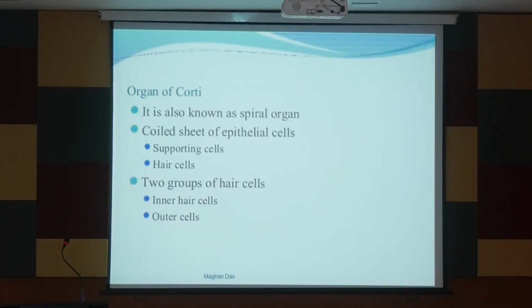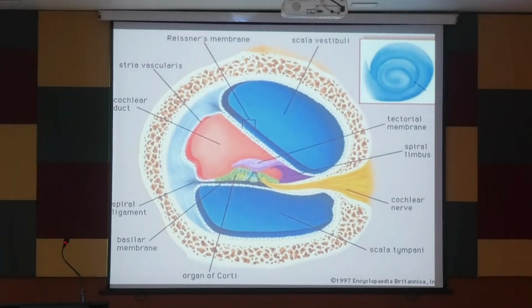Now what is important in this slide is the cells responsible for generating those action potentials. There are two types of cells. One is called the inner hair cells and one is called the outer hair cells. This is the inner hair cell and these are the outer hair cells.